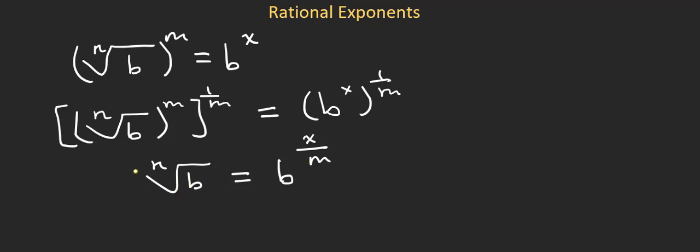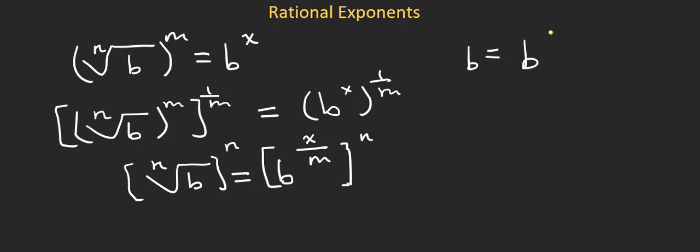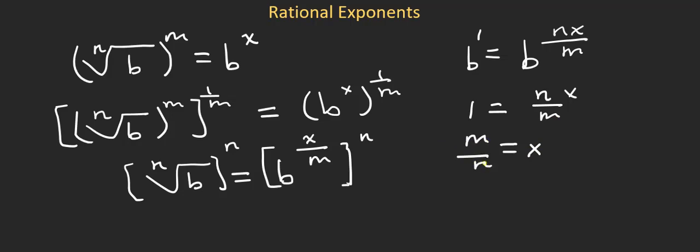Now how do you get rid of the nth root? Well, you have to raise it to the power of n. So you end up getting b equals b to the n x over m. And in order for them to be equal to each other, you have to set the exponents equal to each other and solve for x, multiplying by m over n on both sides, you get m over n.